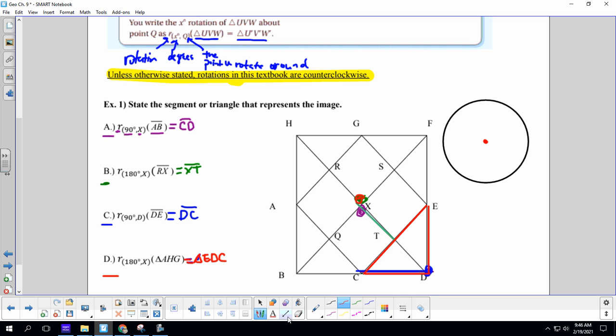So if I'm going to rotate 90 degrees, we're usually pretty good at that. It's from here to here is 90. If I'm going to rotate 180, that is all the way across, from here to here.